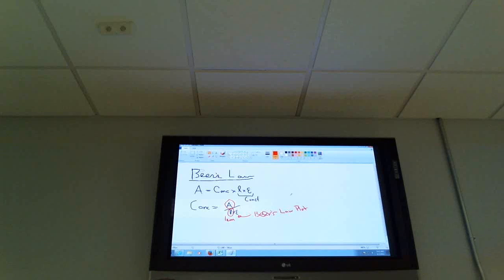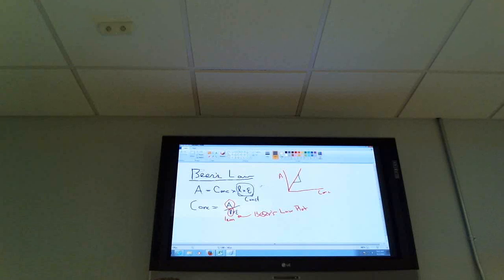And then you measure those absorbances, and the Beer's law plot comes out as a straight line, right? Where we have the absorbance versus the concentration, like this. And the slope of this is the length times epsilon.